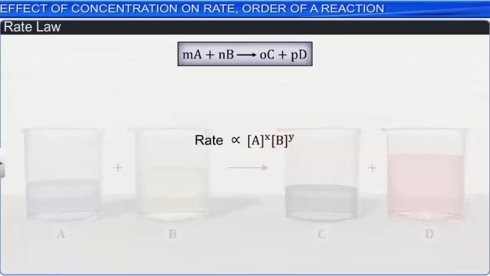By replacing the proportionality with a proportionality constant K, the equation can be written as shown. The K in this equation represents the rate constant.